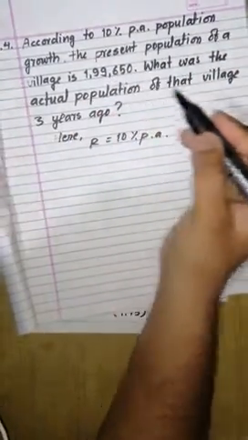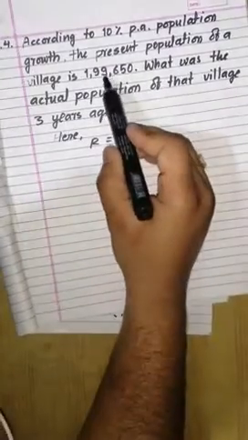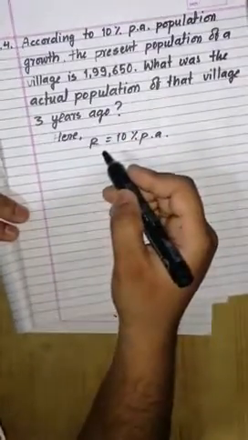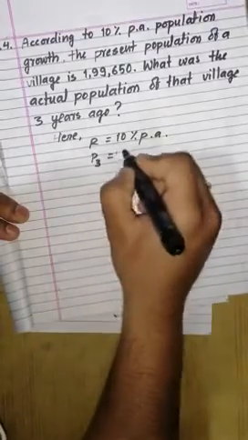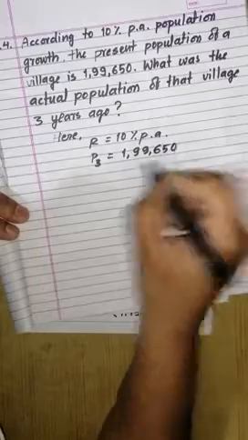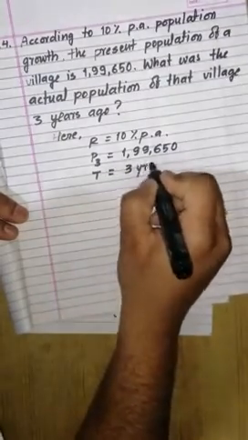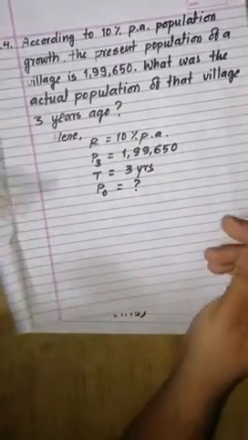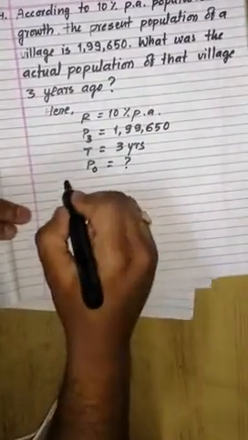That means 1,99,650 will be the population after 3 years, or present population. So P3 will be 1,99,650 and time is 3 years. We are asked to find the initial population, that means what was the population of that place 3 years ago.